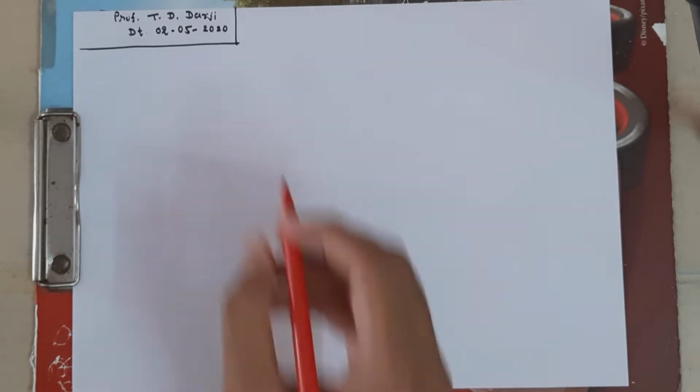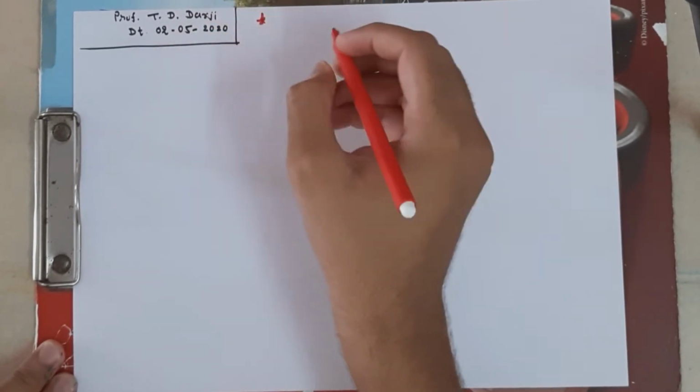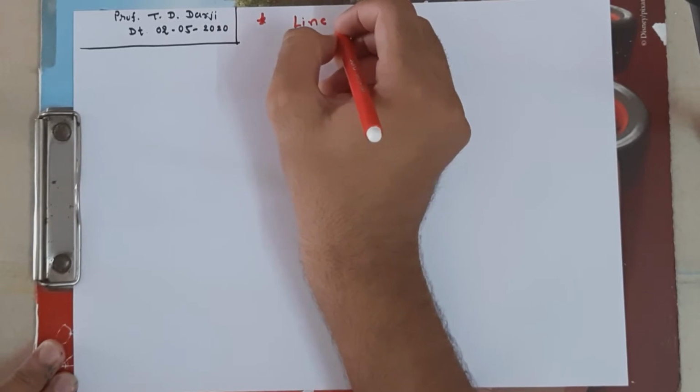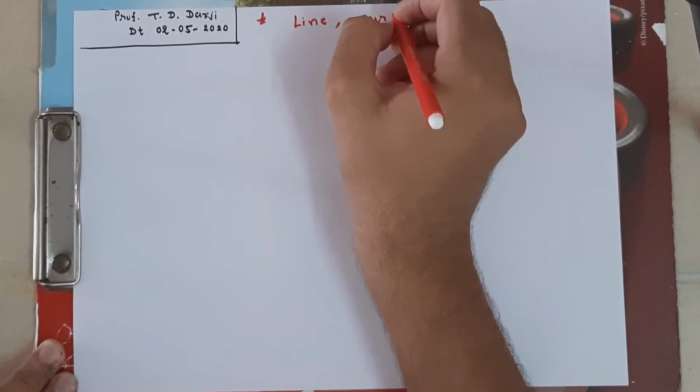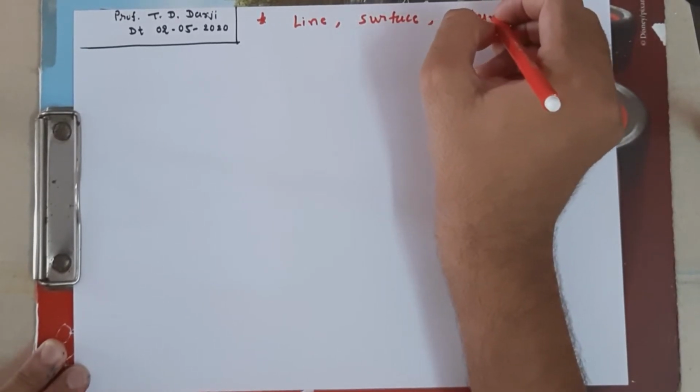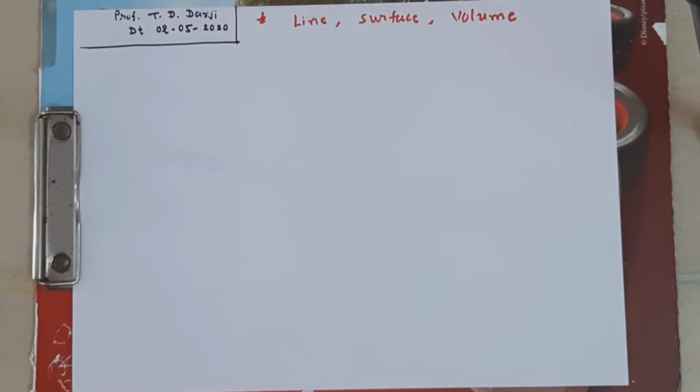But first, we have to discuss one most important thing, which is the equation of differential line, surface, and volume in all the three coordinate systems, before discussing divergence, curl, and gradient.